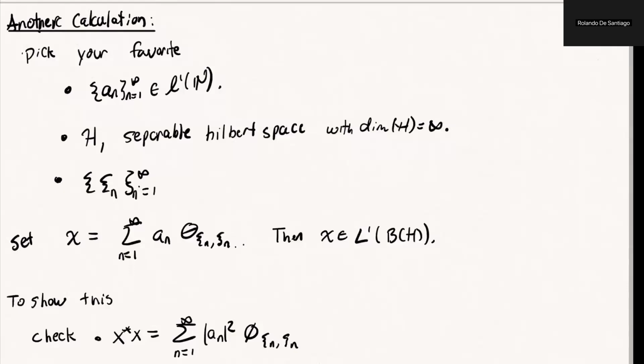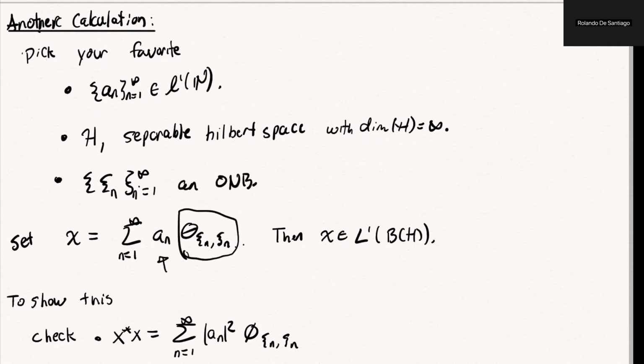And I'm going to pick an orthonormal basis. Any orthonormal basis will do. Now I'm going to set X to be the following sum: these rank 1 operators, each of which is scaled by this factor a sub n.